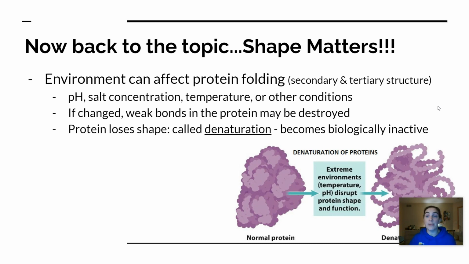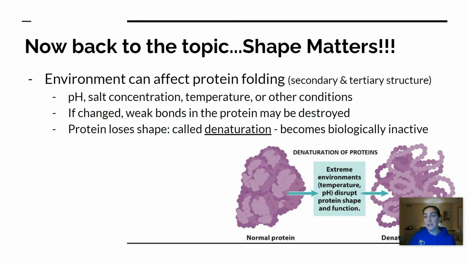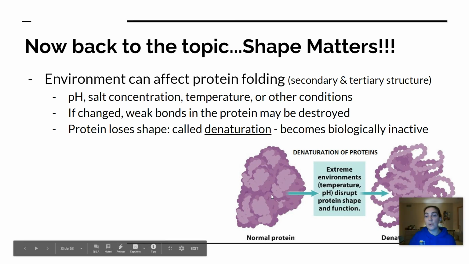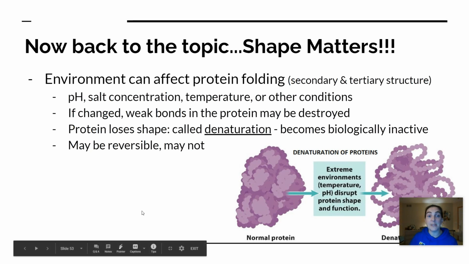It can no longer perform its function, and you can kind of see that if this is our normal protein shape, when it becomes denatured, it kind of loosens up and loses that folded three-dimensional shape or conformation that it has. Sometimes this is a reversible process, depending on the environmental factors that caused it to lose its shape and kind of how completely it has lost its shape. Sometimes, if the environment changes back, the protein can fold right back up the way it was. Not always, but sometimes that's true.